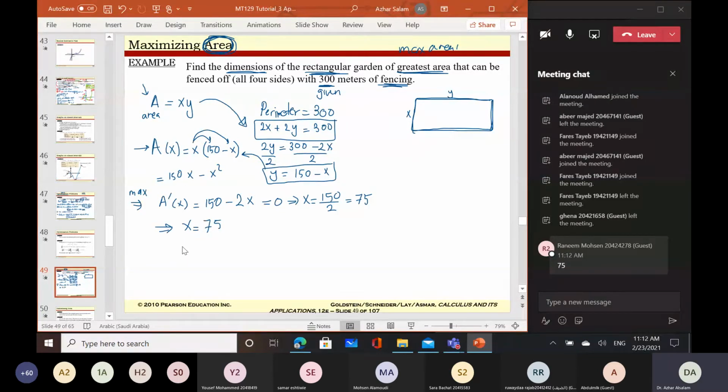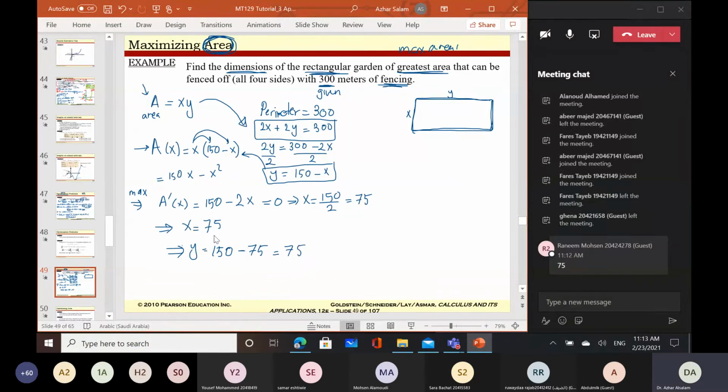The second dimension, which is y, I can find from here or here. 150 minus 75 will also be 75, right?